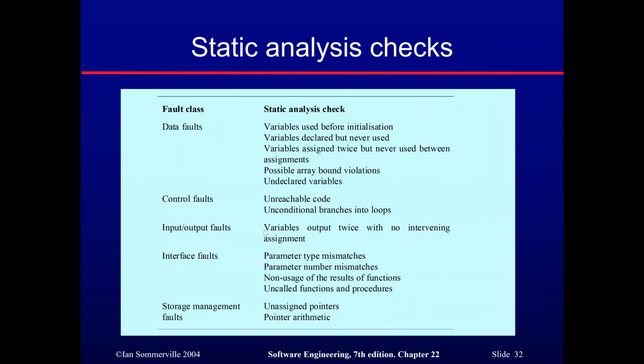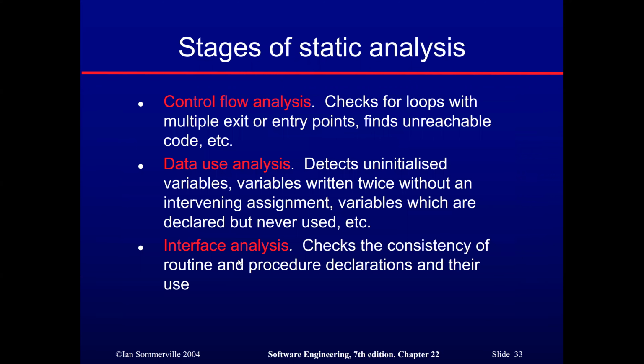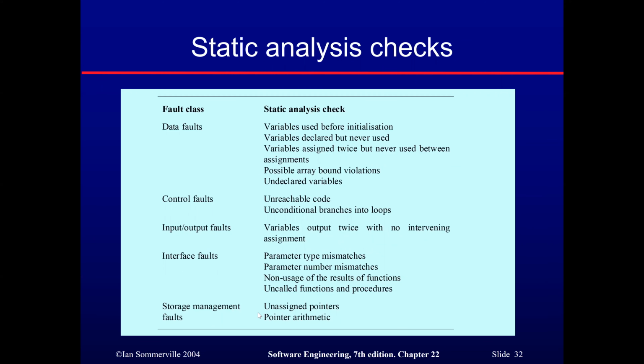Input-output faults: variables output twice with no intervening assignment. Interface faults: parameter type mismatches, parameter number mismatches, non-usage of the results of functions, uncalled functions and procedures. And storage management faults: unassigned pointers, pointer arithmetic, etc.